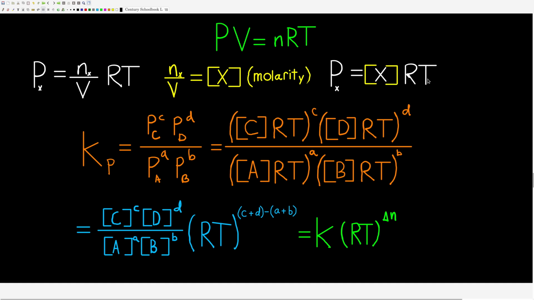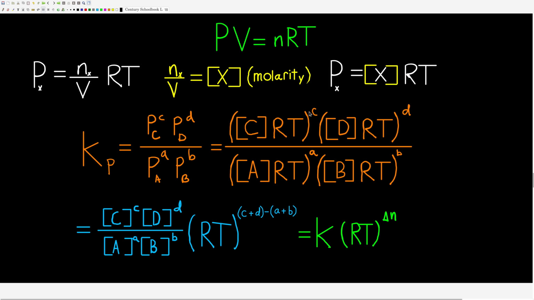X times RT. Now, if we take our Kp, and for each of these pressures, we substitute this expression right here, so for C, it would be the concentration of C times RT, D times RT, etc. We still have the coefficients as the exponents. We have the RT in common to all these, so we can pull this out.